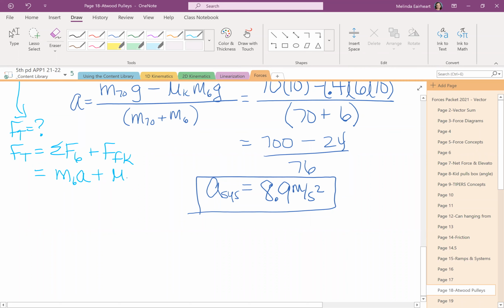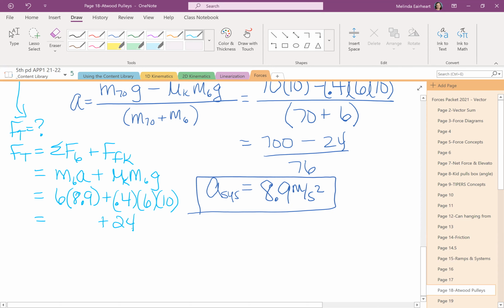And then we've got that mu Fn, tabletop, mu mg. And so this is our new acceleration. So 6 times 8.9 plus mu k, we said was 0.4, and then 6 times 10. And so we know that number from before is 24.